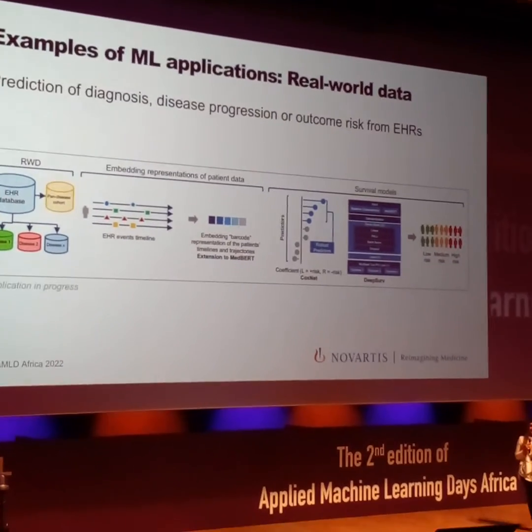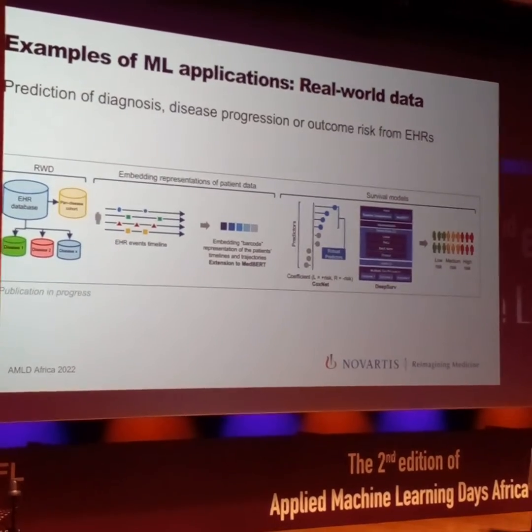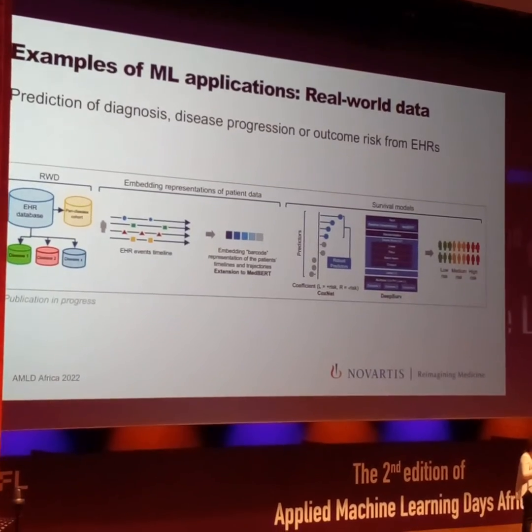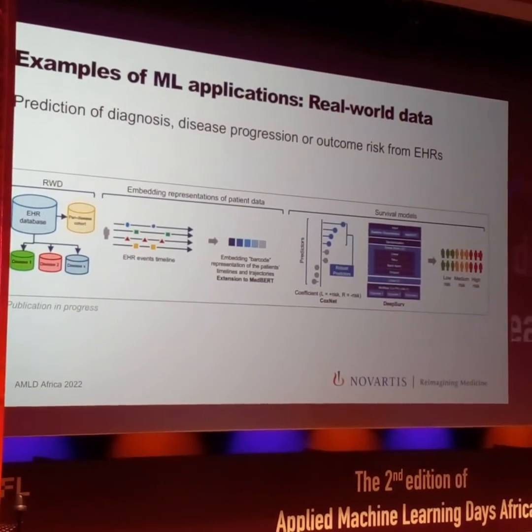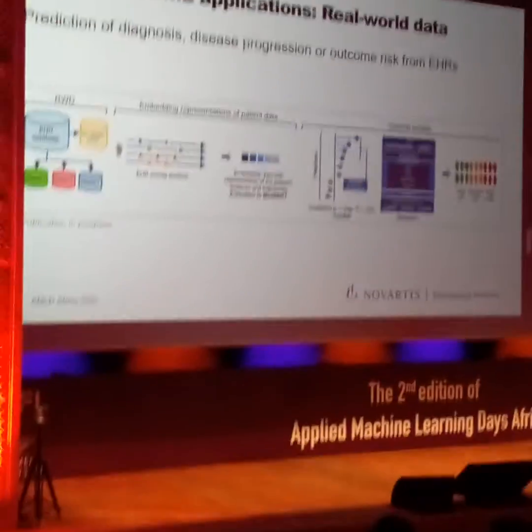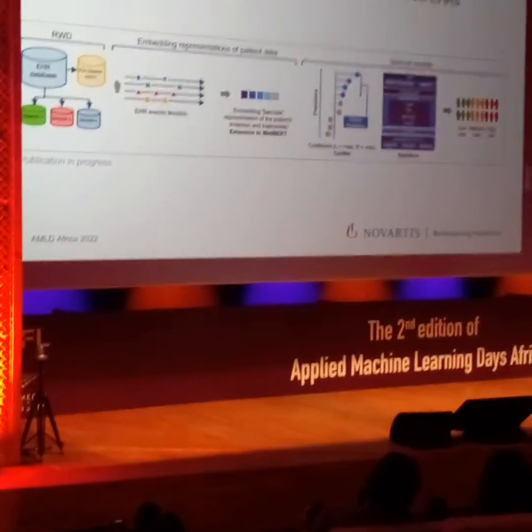One of the applications that I pointed out here is a preview of a project that we are working on, where we are trying to define a general framework to stratify patients based on their risk of developing other comorbidities, other diseases, or specific outcomes like death or onset of a tumor.